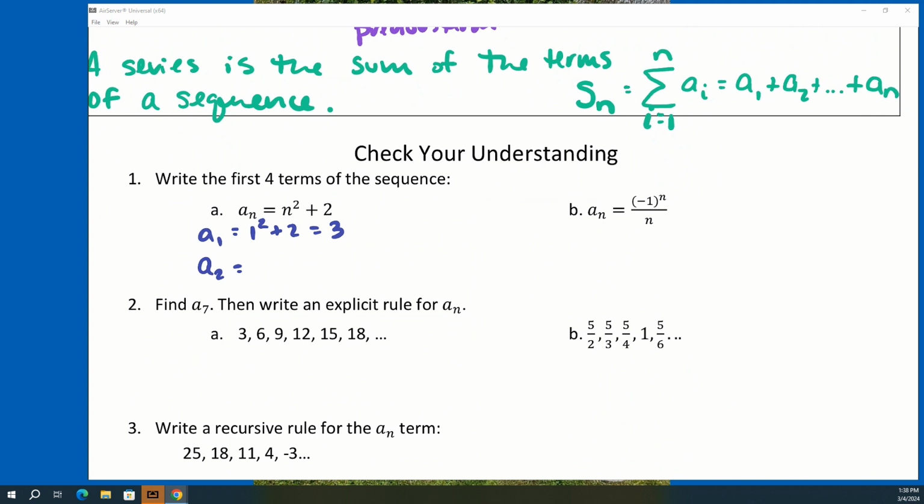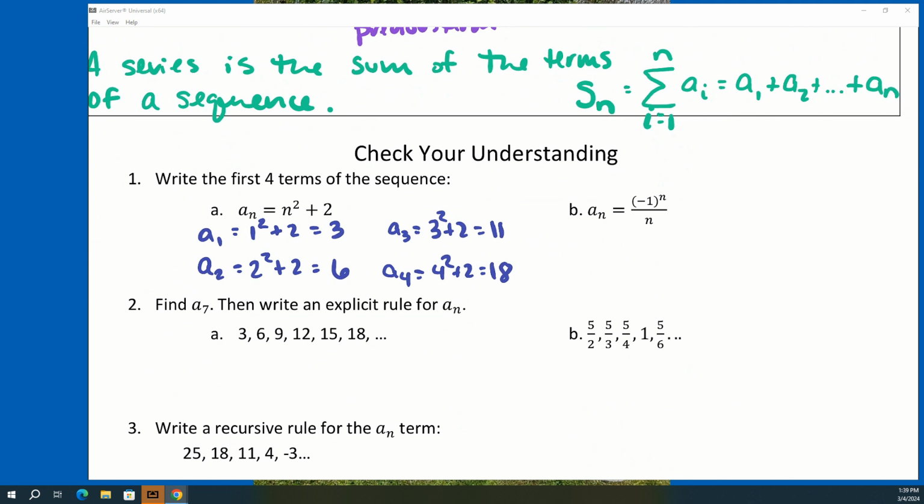And then to find the second term, we put 2 in for n. So 2 squared plus 2, which is 6. And then third, we'll plug in 3, square it, and add 2. And then 4, whoops, I went ahead and squared it in my head. Square 4, and then add 2. And that's it. So the explicit rule is pretty easy to use.